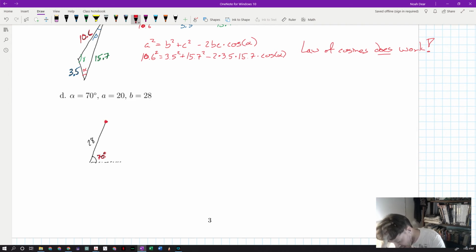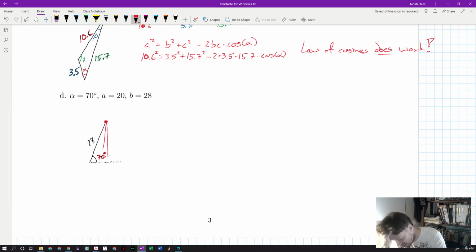And side C, I don't know the length of this dotted line below. That 20 is going to come down. And I'm already seeing just from this picture, I don't think there's going to be any solutions to this. If I try and draw 20 straight down, that's enough smaller than 28 that with that big angle of 70 degrees, I don't think it's going to reach.